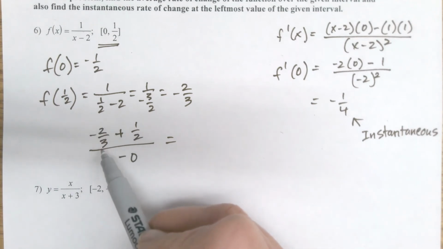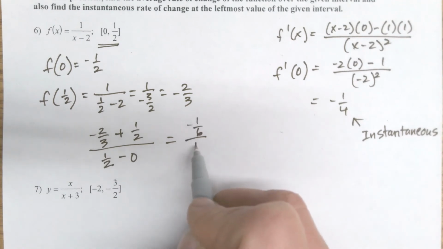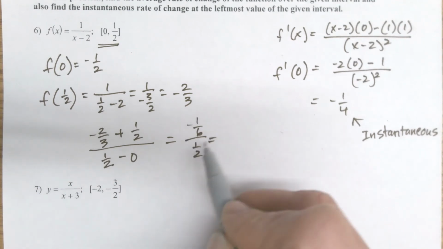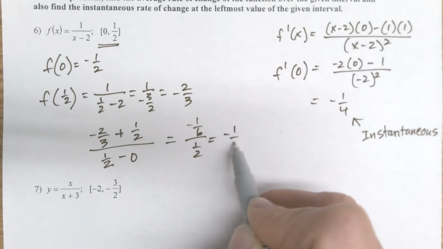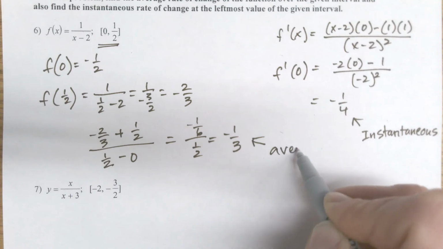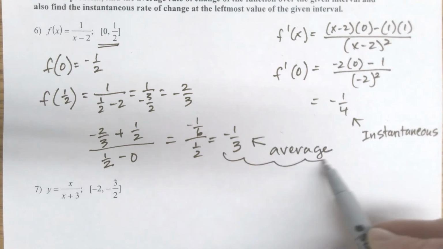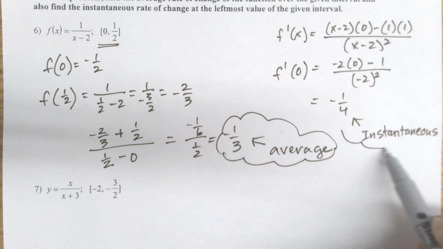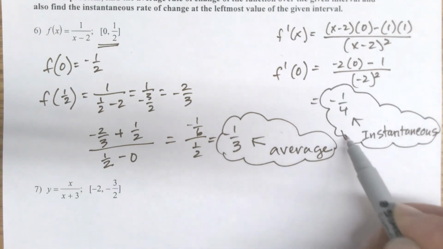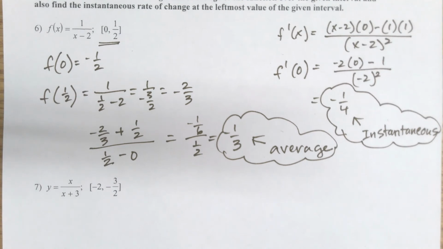That's negative 4/6 plus 3/6. That's negative 1/6 over 1/2. When I do my cleanup, negative 1/3 is what I get as my answer, and this is my average rate of change. So I have the instantaneous and the average. Please label them when you do your work so we know what you're looking at. You can even label them with A and I. That part doesn't matter too much to me.